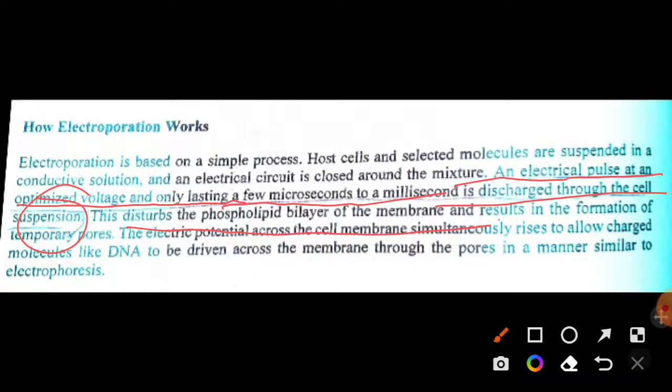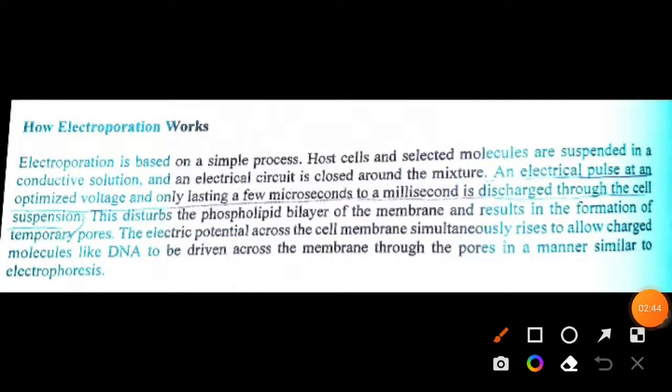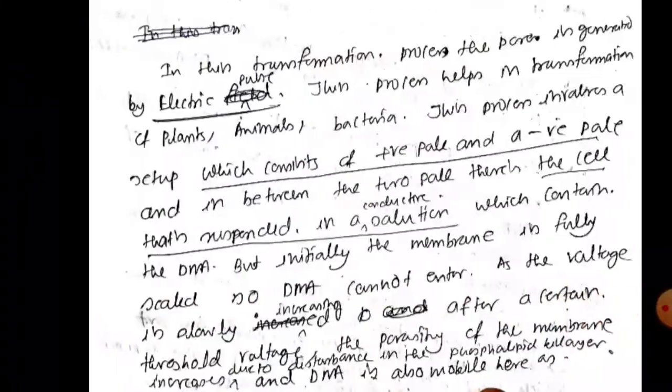So we will raise the electrical potential for a certain amount of time, so that the pore is large enough to allow the insertion of the DNA. And once the DNA is successfully entrapped, we will drop the voltage, which causes the resealing of the pore.